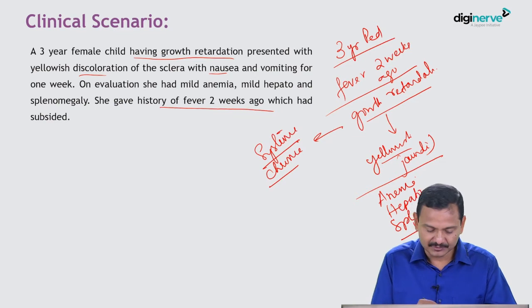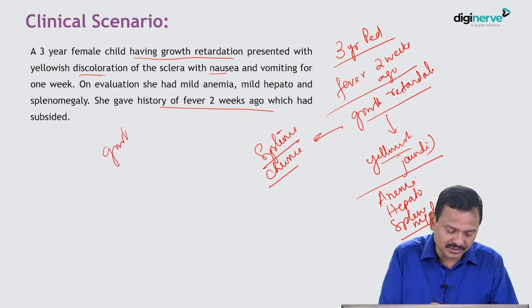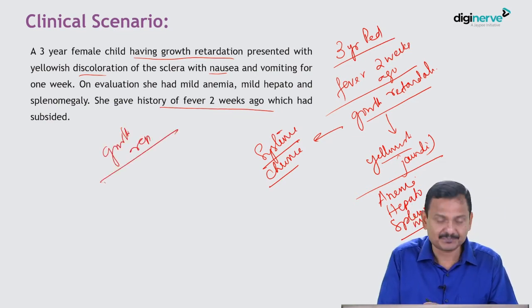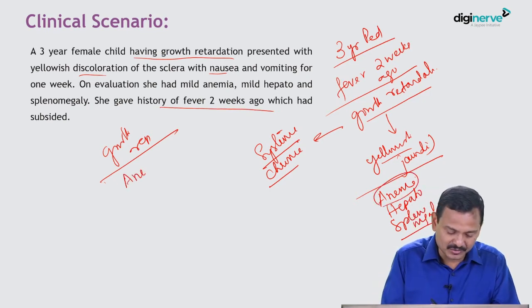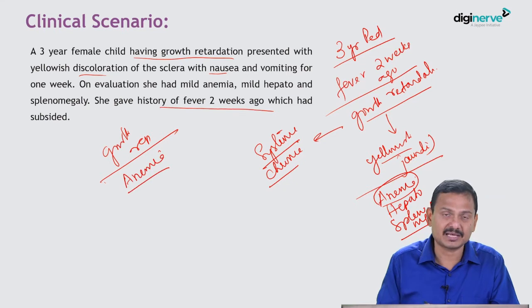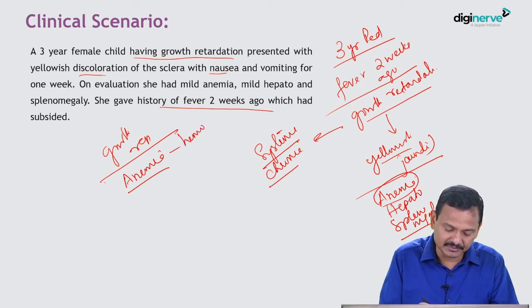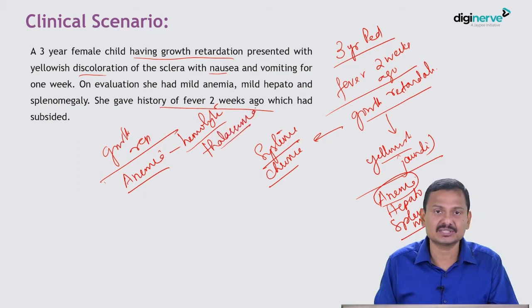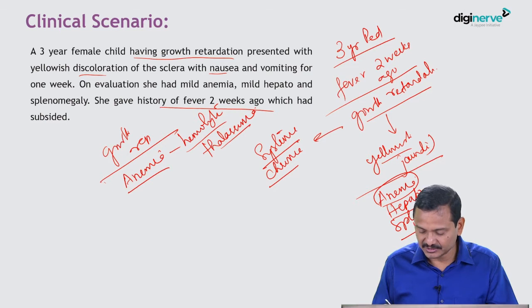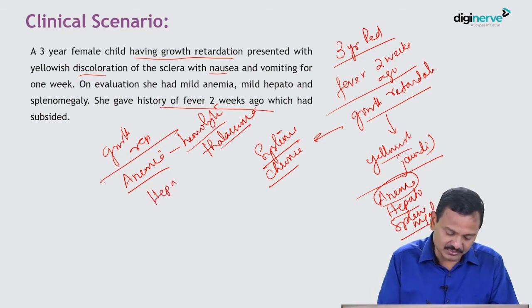Starting from growth retardation, she has something chronic, and now she has anemia. So we know that certain anemias like hemolytic anemias, especially thalassemia, can present with growth retardation as well as they can lead to hepatomegaly as well as splenomegaly.